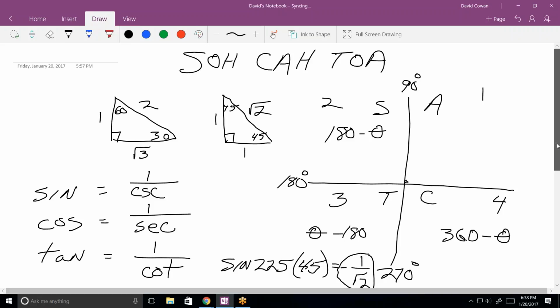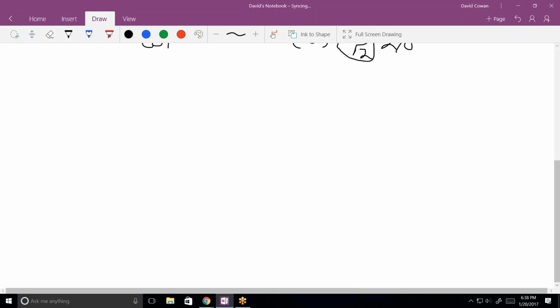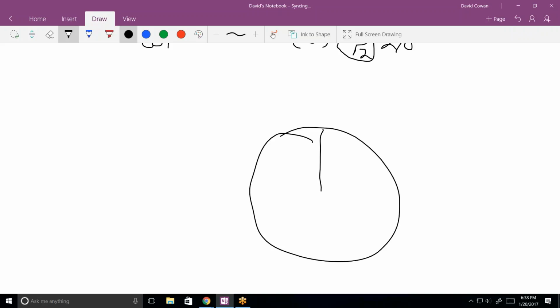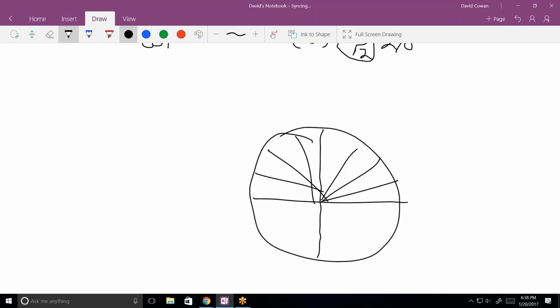I'm sure by now you've seen something that looks a little like this, and it's split up into 16 slices. They expect you to memorize all 6 trig functions at all 16 slices.